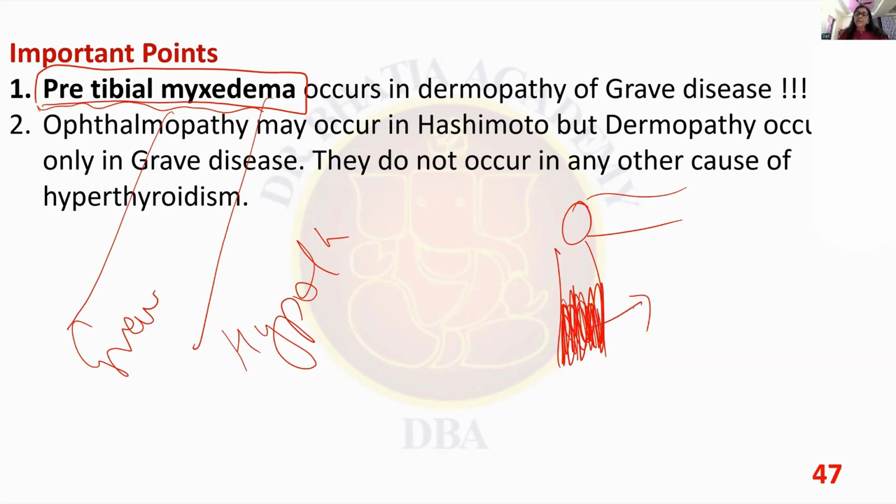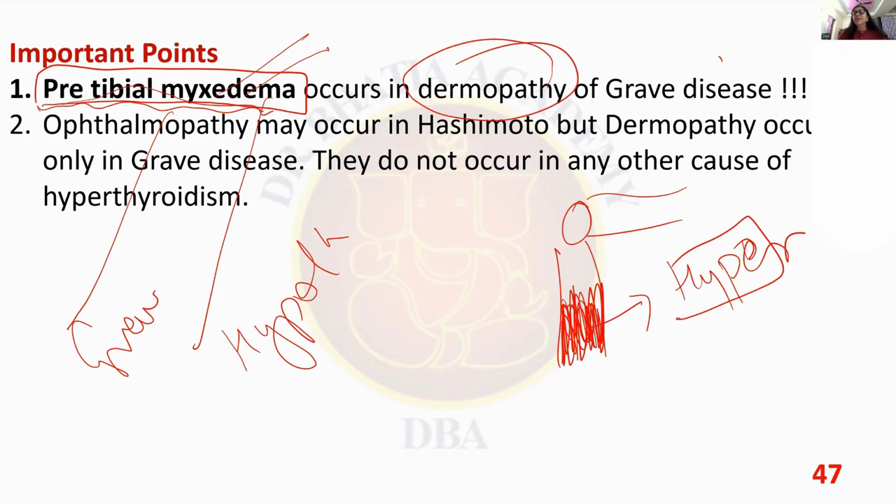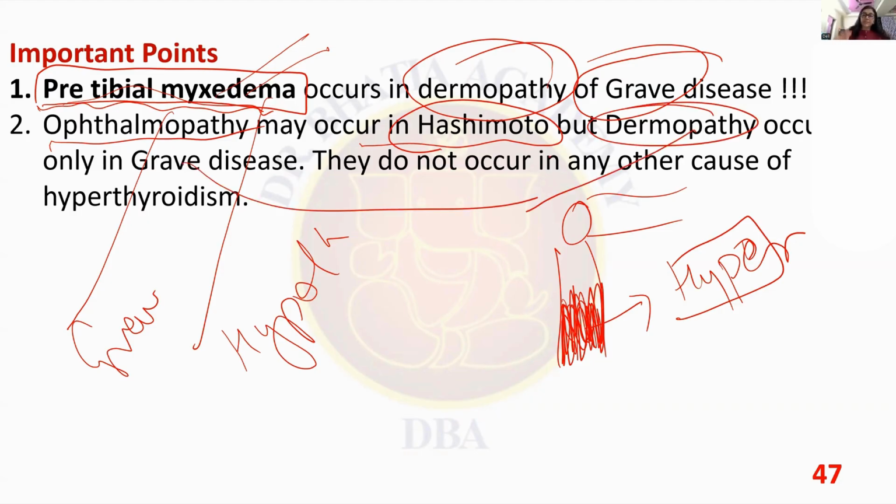In the olden times, it was believed to be because of hypothyroidism, but later on it was found to be present in hyperthyroidism. But the name was not changed, so it's a misnomer. Eye signs of ophthalmopathy can occur in Graves' disease. It can occur in Hashimoto's also, but skin changes or dermopathy are very, very specific for Graves' disease.